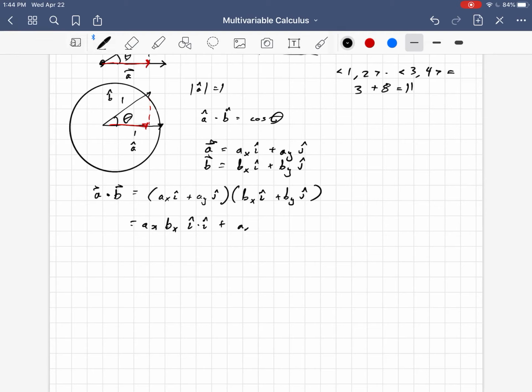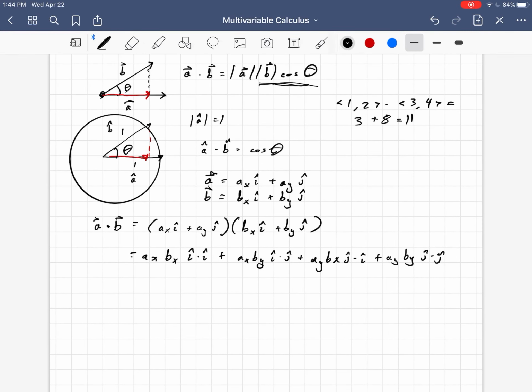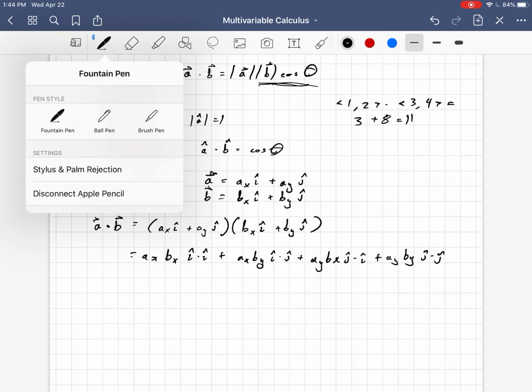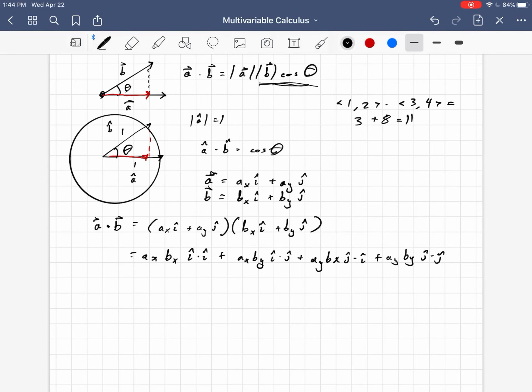I get a sub x b sub x times i hat dot i hat, plus a sub x b sub y times i hat dot j hat, plus a sub y b sub x times j hat dot i hat, and I could have written that as i hat dot j hat, doesn't matter, plus a sub y b sub y times j hat dot j hat.